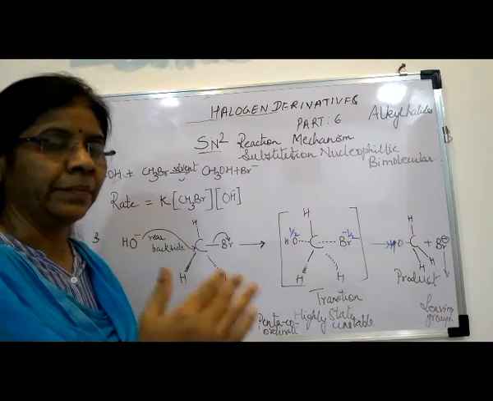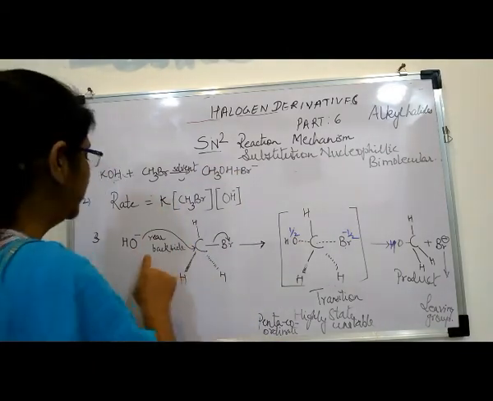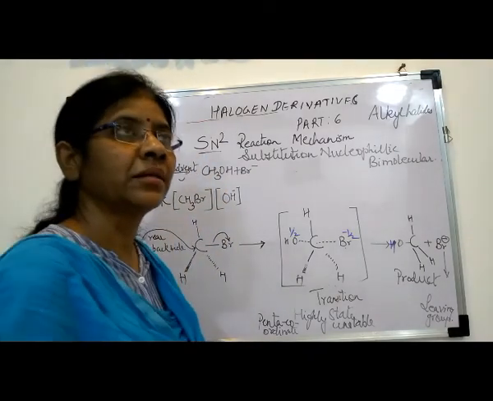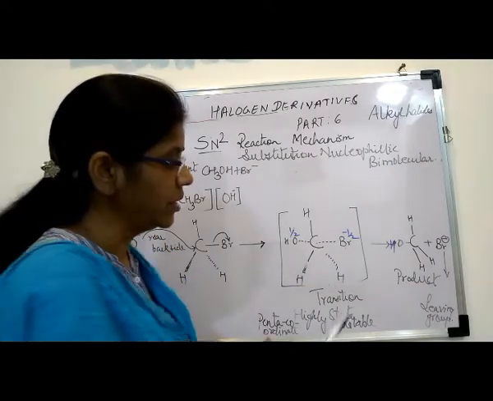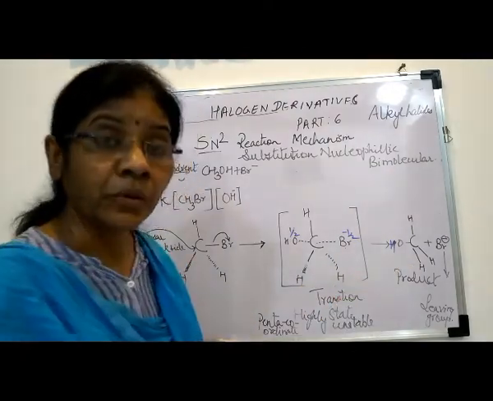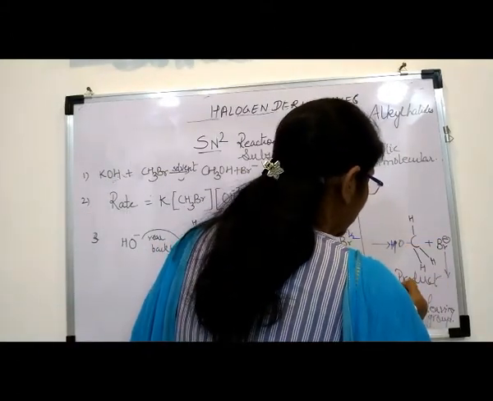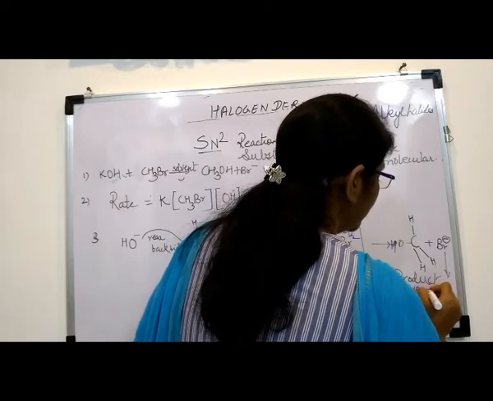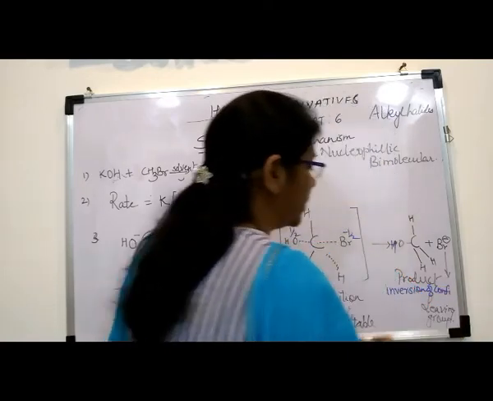In the present position, the umbrella will be this type. But if you hold the umbrella against the direction of wind, it will be blown inside out. That is it. So in SN2, the product formed is with 100% inversion of configuration. We have done this in the optical activity part.